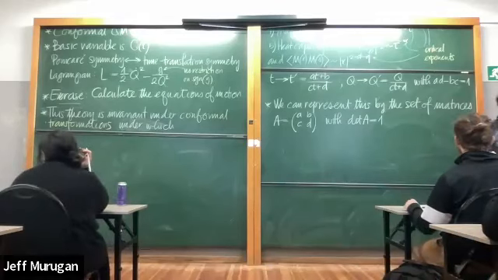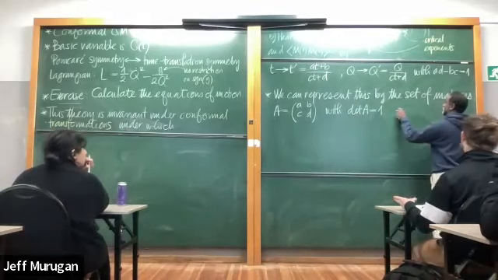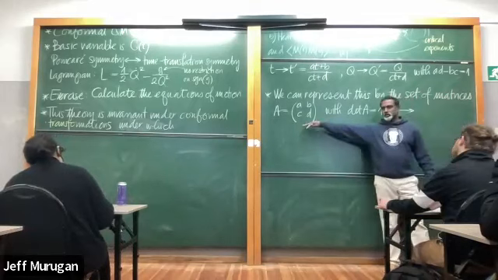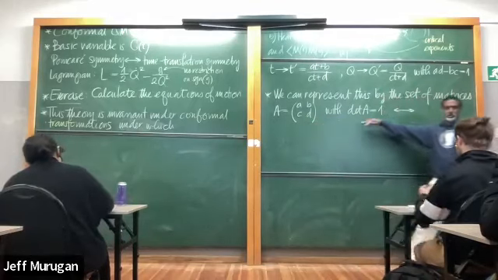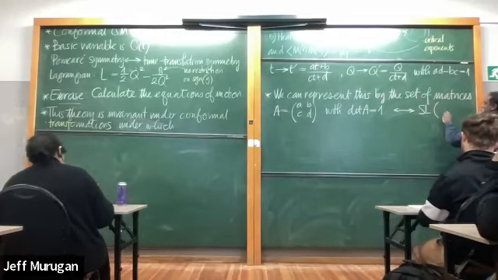In other words, the set of 2 by 2 matrices, real entries and unit determinant, which is what we call the special linear group.